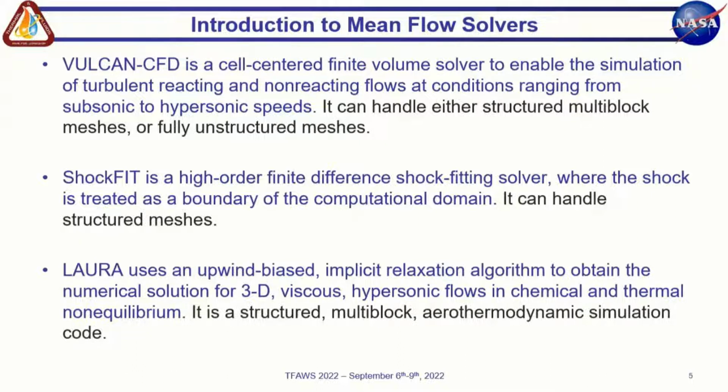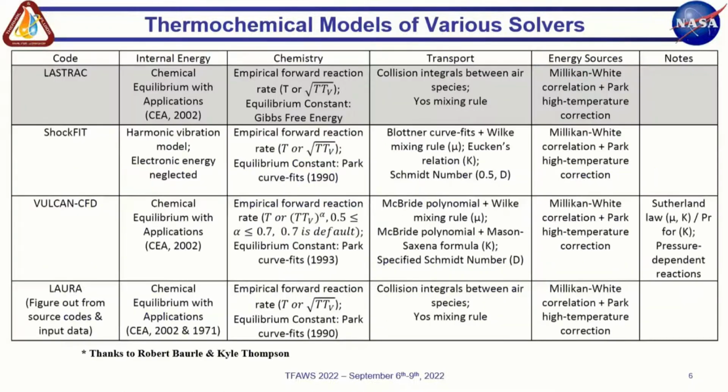So as I mentioned, the main concern here is the effect of different thermochemical models on the stability analysis. So I first did a survey of the thermochemical models of the various solvers I'm using. In the stability analysis, basically there's a two-step procedure.